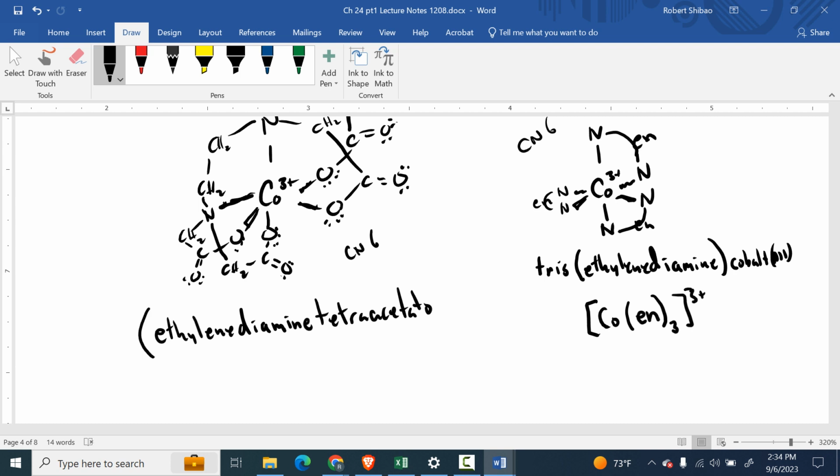Now this is one complete unit. So it's not one ethylene diamine. We might get confused because there are ethylene diamines as well, right? And so we're going to put it all in parentheses so that we don't think this is one ethylene diamine and 4 acetates. This is ethylene diamine tetraacetato. Cobalt. Now, the funny thing happens here. What's the charge on ethylene diamine tetraacetato?